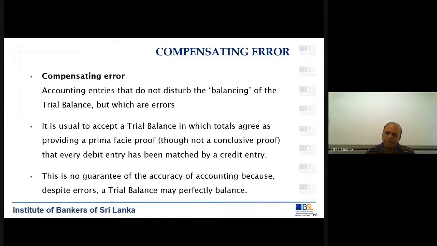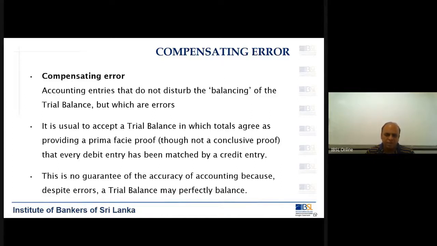Now look at the scenario from the exam point of view. You have been given a question with a list of balances and you have been asked to prepare the trial balance. You have done a trial balance. The debits and credits agree, but there is an error in your trial balance. It could be some of the errors that we discussed right now. Still, you have a balanced trial balance.